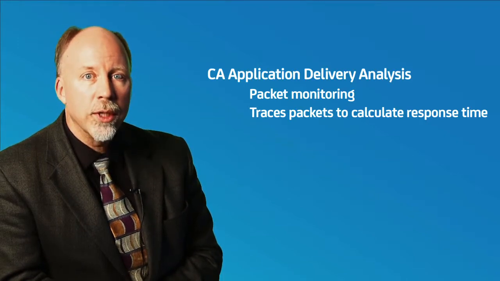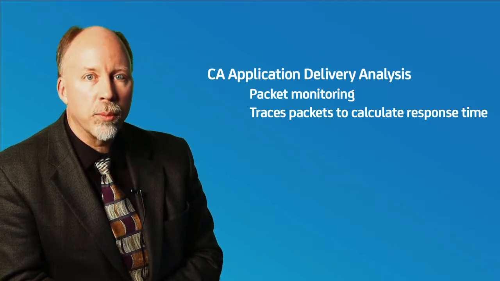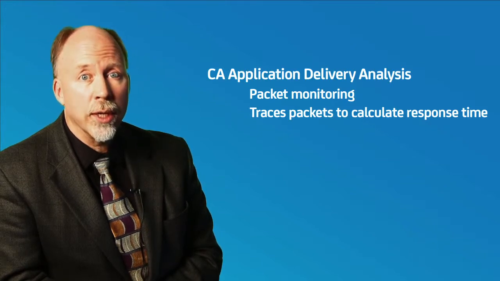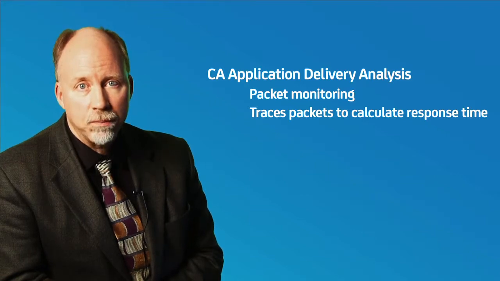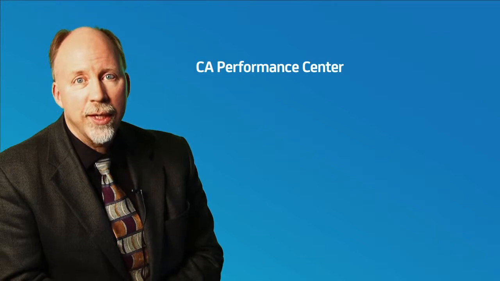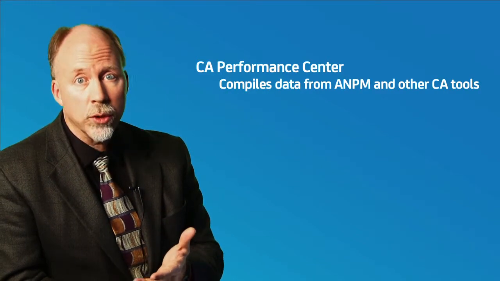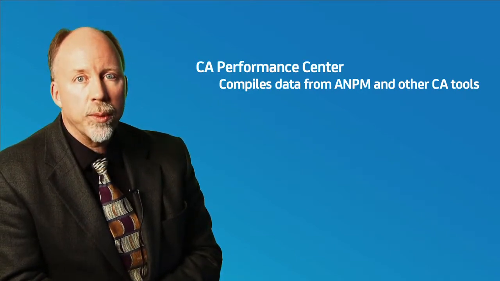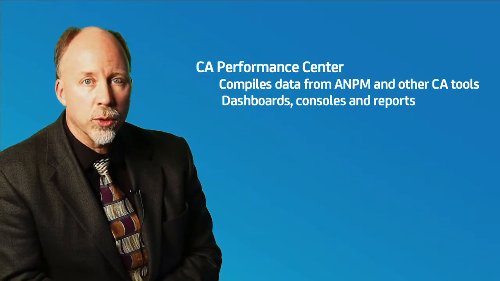It also offers consoles and dashboards that provide deep details of user and application activity, and it, as well as Network Flow Analysis, can forward the metrics and details that come out of this up into a higher level platform. In CA's case, that higher level platform is CA Performance Center. CA Performance Center brings together data from these ANPM sources along with other sets of data coming from other CA tools to put them into a common set of very graphically oriented dashboards, consoles and reports.